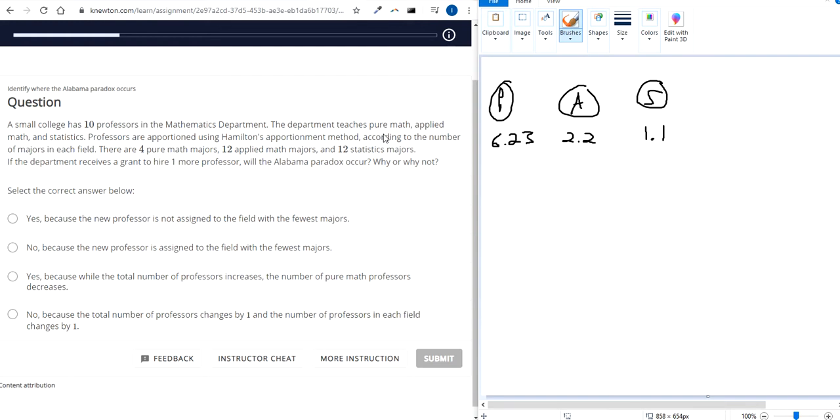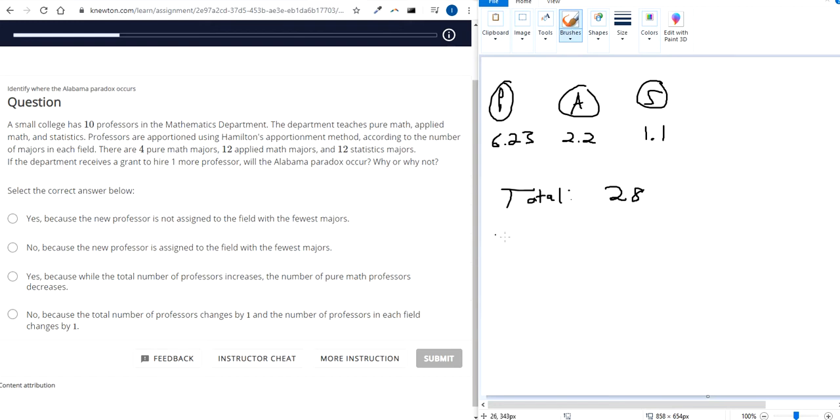Okay, so we've got a population here. There's 4 pure math majors, 12 applied math majors, and 12 statistics majors. So we've got to go through the Hamilton apportionment method. We need a total. The total amount of majors that we have are 4 plus 12 makes 16. 16 plus 12 makes 28 total students.